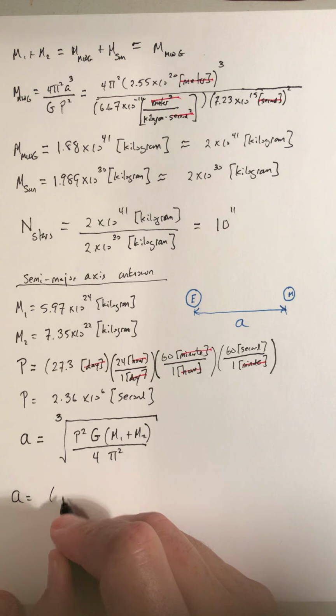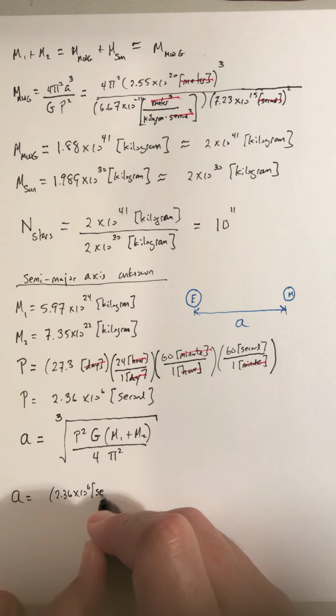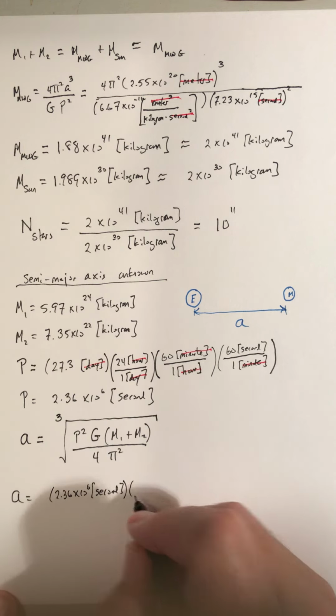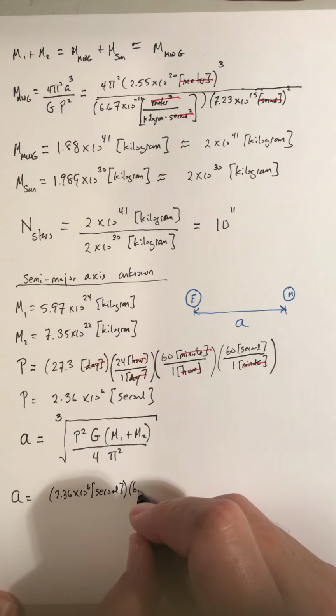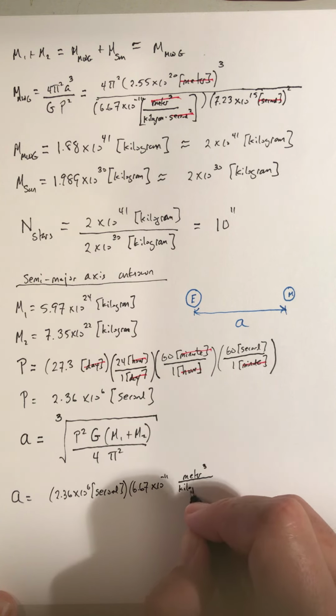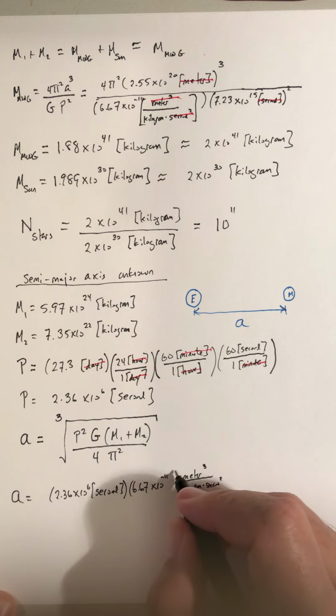I've got 2.36 times 10 to the 6th seconds. I'm going to have universal constant of gravitation, 6.67 times 10 to the minus 11 meters cubed over kilogram second squared.